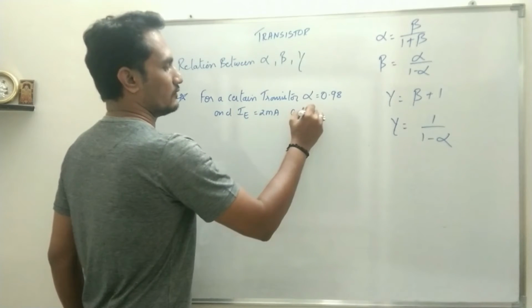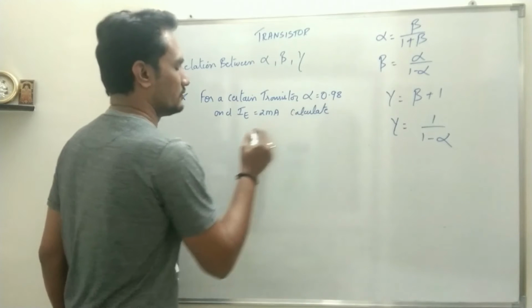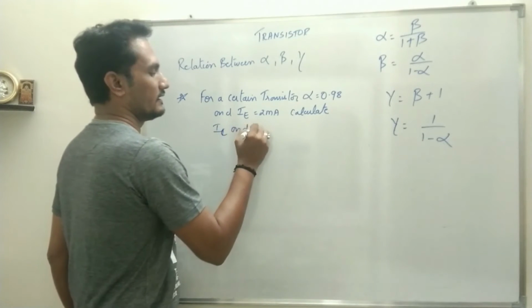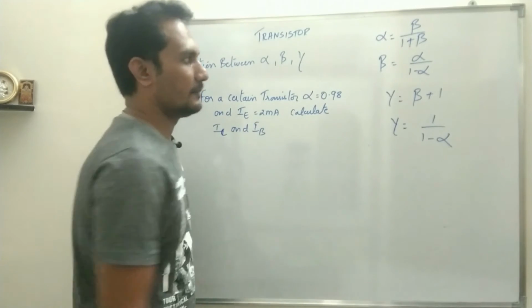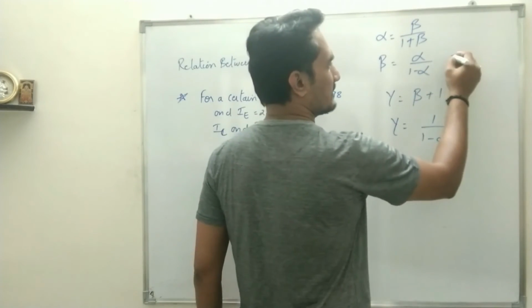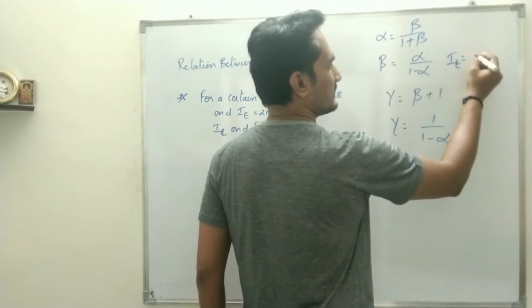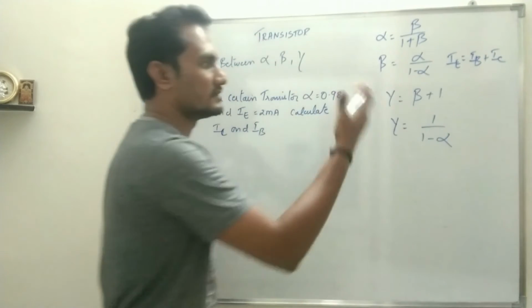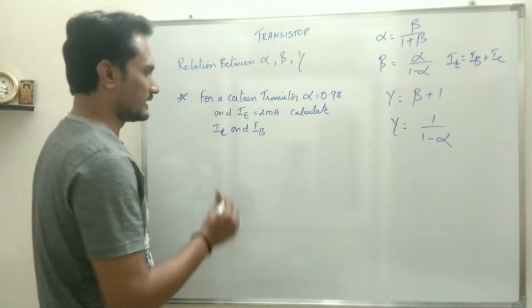We need to calculate IC and IB. Okay, apart from all this, there will be a transistor equation which we have seen. IE is equal to IB plus IC.